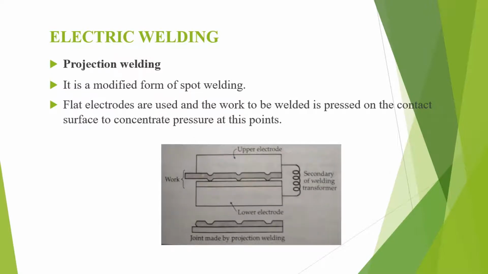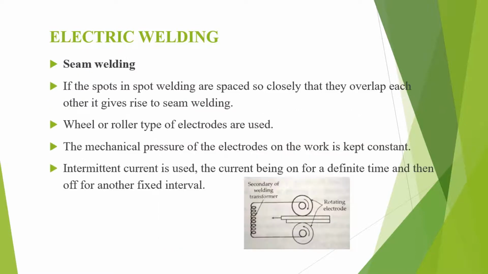Projection welding. This is a modified form of spot welding. Flat electrodes are used and the work to be welded is pressed on the contact surface to concentrate the pressure at the points to be welded. Seam welding. If the spots in spot welding are spaced closely such that they overlap each other, it gives rise to seam welding.